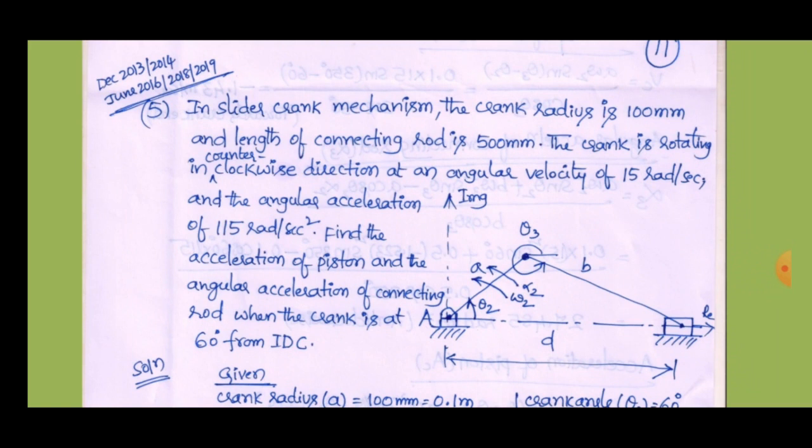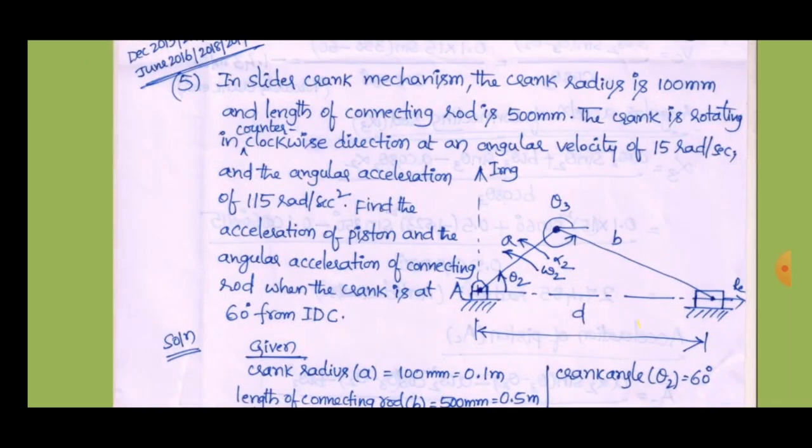Even though he has given saying at an angular velocity, sometimes he will say at a speed of 15 radians per second, then also it is not n2, it is omega 2 only, because you have to look at the units. 15 radians per second counterclockwise means anti-clockwise. Therefore, directly I can write angular velocity of the crank, that is omega 2 is equal to 15 radians per second. So in the bracket anti-clockwise.